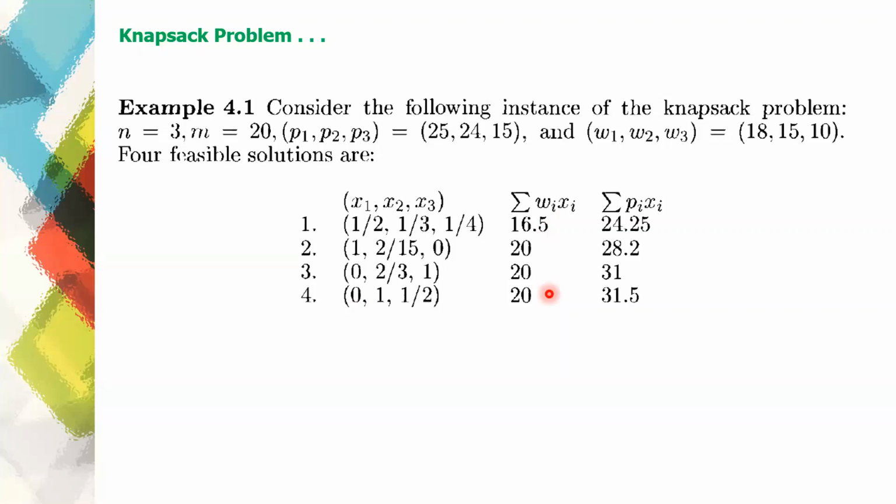But which is the optimal solution? An optimal solution is a solution that gives you the maximum profit. So you can see here, the fourth feasible solution is giving you the maximum profit. So it is your optimal solution. All right.